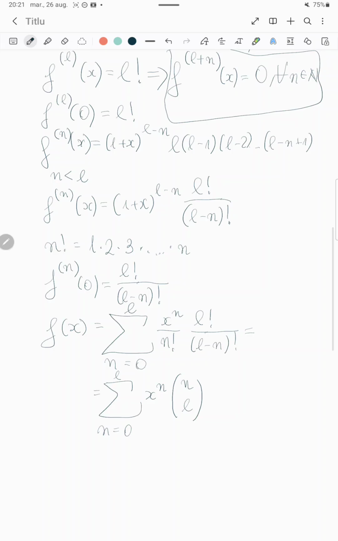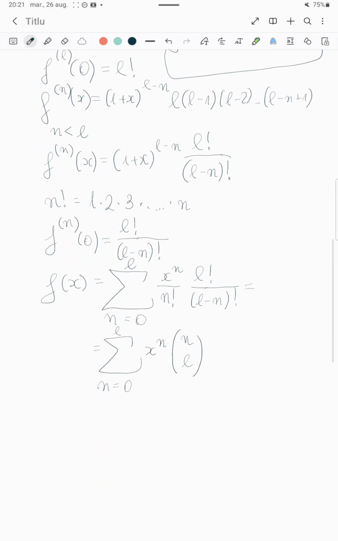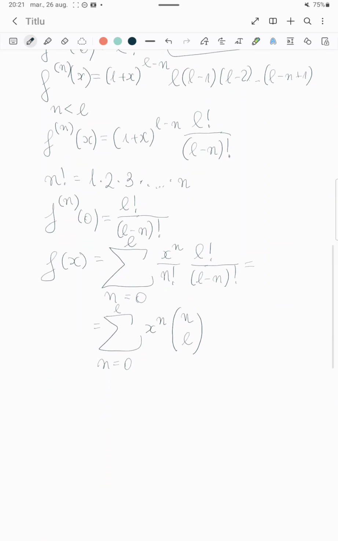Okay? But that was for the case in which L was a natural number. Now let's take L as a real number that's not a natural number.